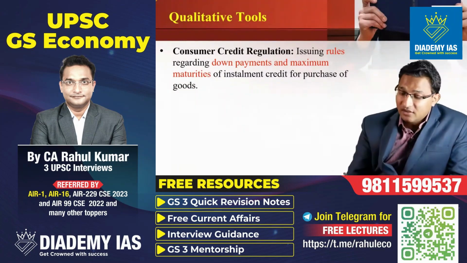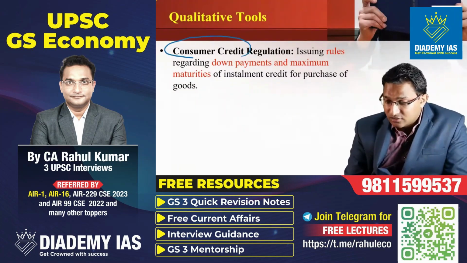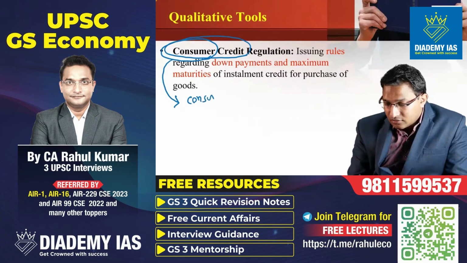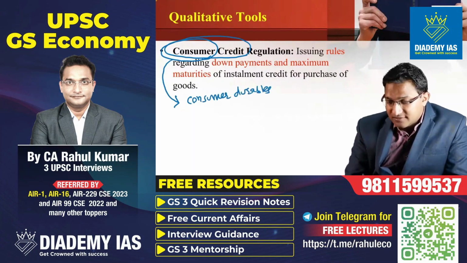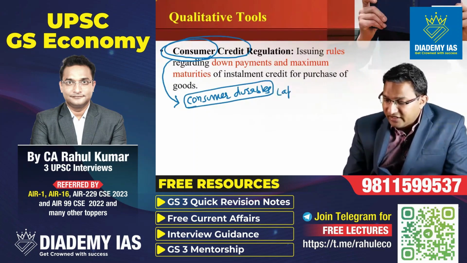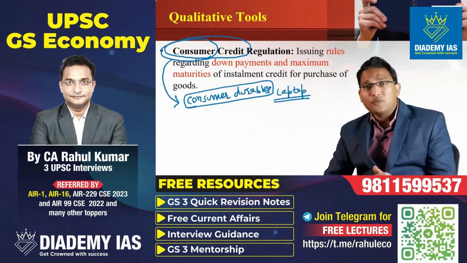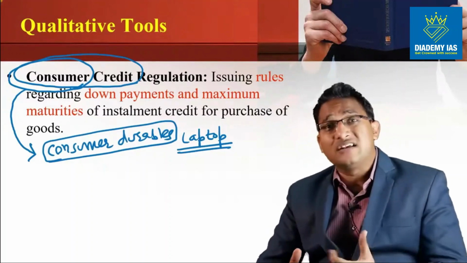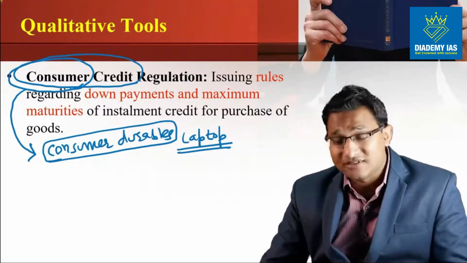Qualitative tool next is consumer credit regulation, right? Nowadays there are a lot of transactions happening for consumer durables. For example, take a laptop. Normally there are a lot of installment facilities available from the side of vendors and from the side of banks.